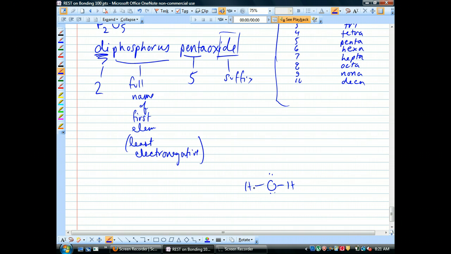So if you start watching the video and you think, oh, I know how to do this, erase that from your mind. You don't know how to do it the way we're doing it. So watch carefully, even if you think you know how. The reason we're using a different method is we need to be able to do this for more complicated compounds, and for that, the old method does not work. All right, have a good day.